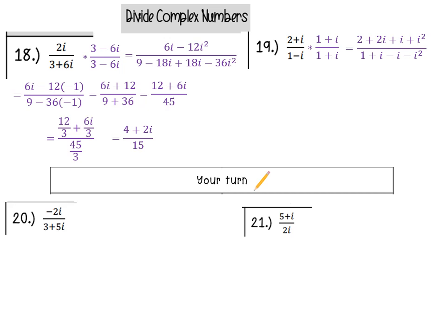The i squared is turned into negative 1, so that top is going to be 2 plus 3i minus 1. The bottom is going to be 1 plus 1. Let's see, 2 minus 1 is 1. 1 plus 1 is 2, so that just simplifies to 1 plus 3i over 2. And that's as much as we can simplify.